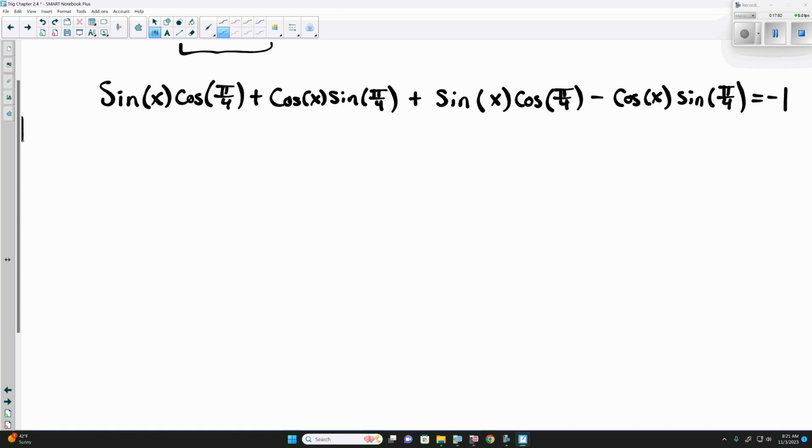Well, cosine of pi over 4 and sine of pi over 4 actually have a value, yes? Which is square root 2 over 2.